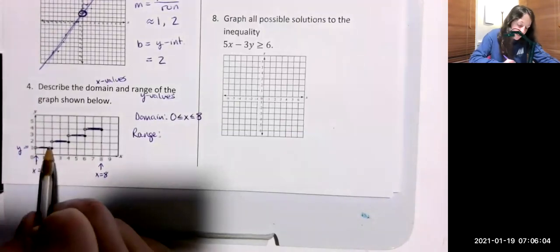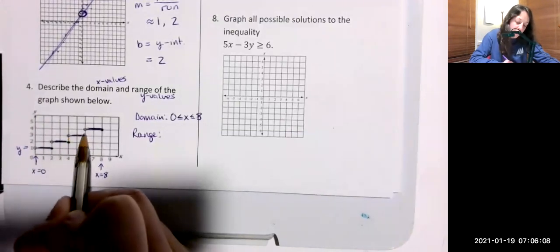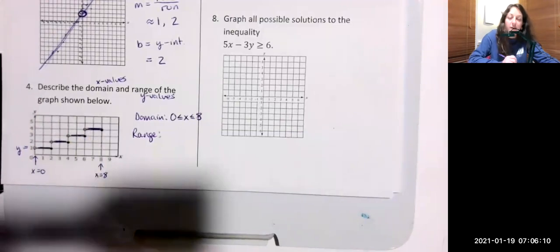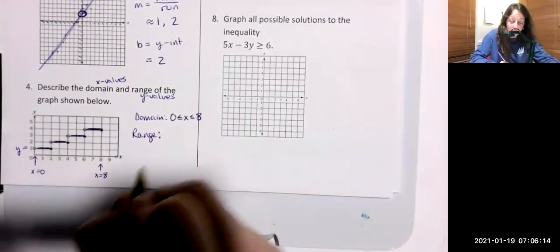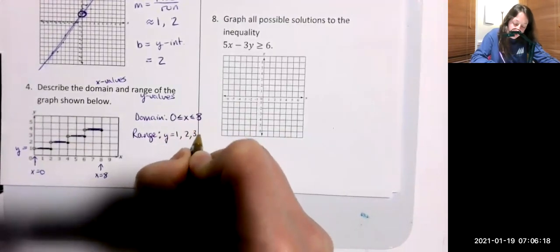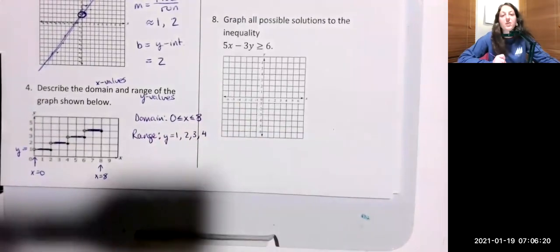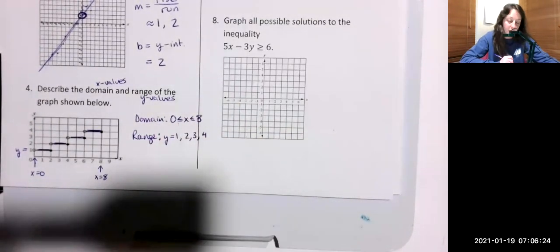And then there's a sudden jump to 2, and then a sudden jump to 3, and a sudden jump to 4. What that means is that it doesn't touch anything in between. So all that you get is 1, 2, 3, and 4. You don't get any in-between values, so you can't use this inequality symbol here.